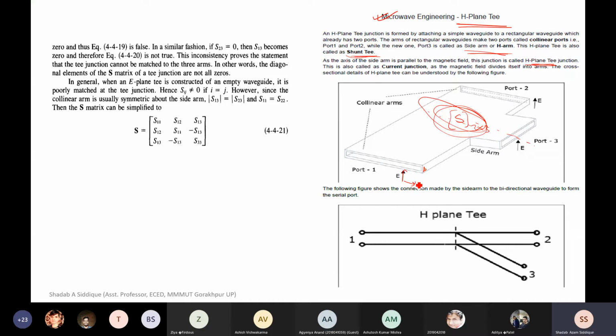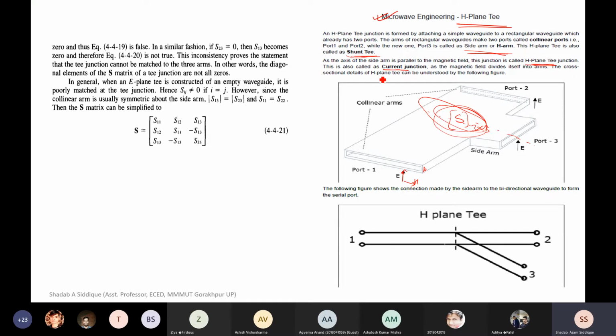If the magnetic field H is parallel to the side arm, that's why it is called an H plane T. There it was the electric field that was parallel to the axis of the side arm, so it was called an E plane T. Now this magnetic field is parallel to the axis of the side arm. This is also called a current junction. There it was called a voltage junction, as the magnetic field divides itself into the arms.